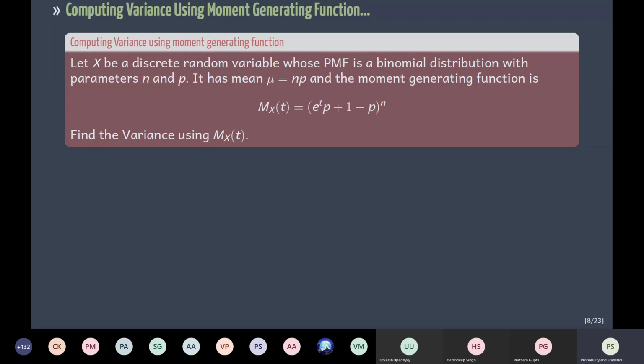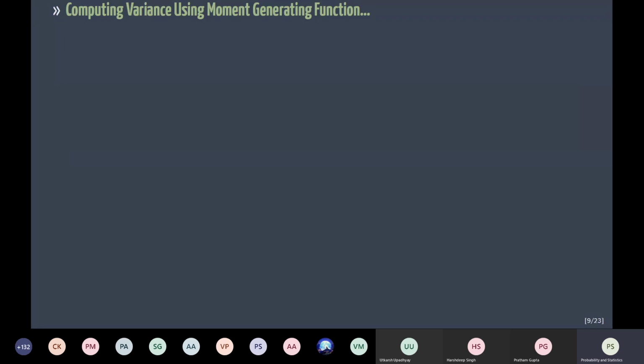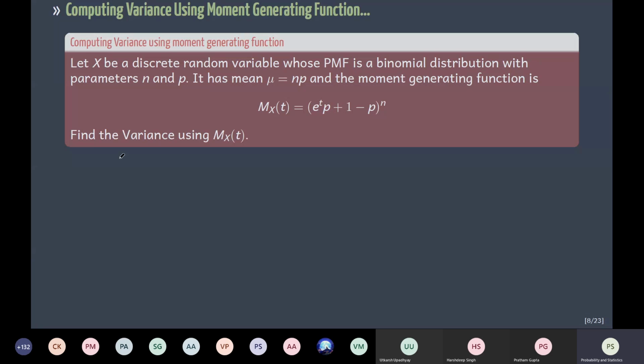So if we take the double derivative of this with respect to t, what do I get?